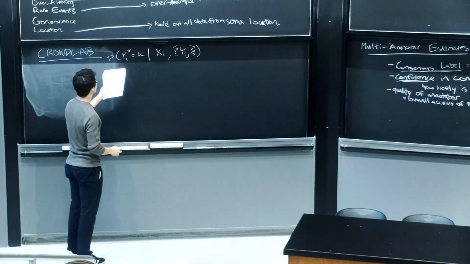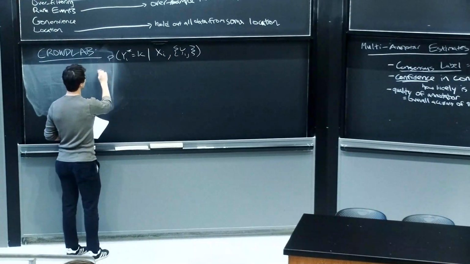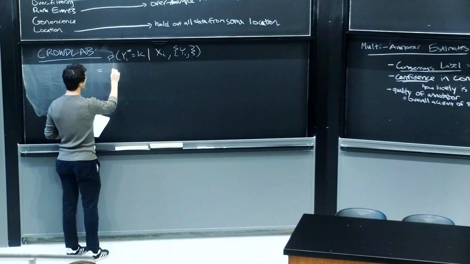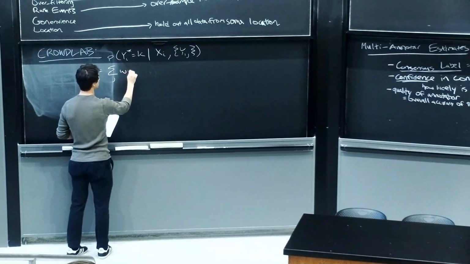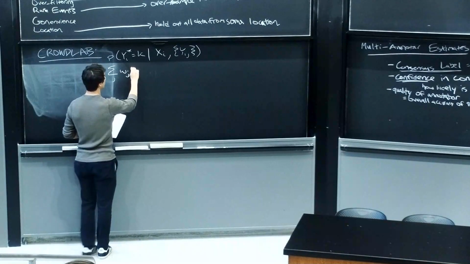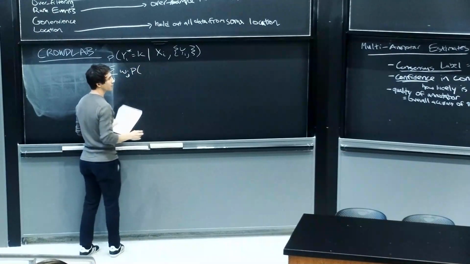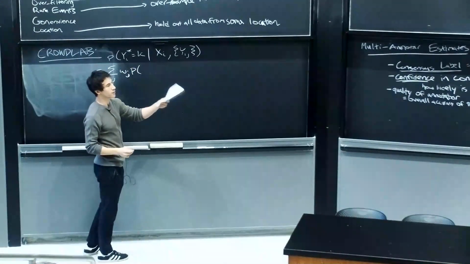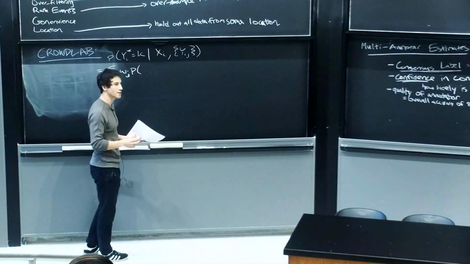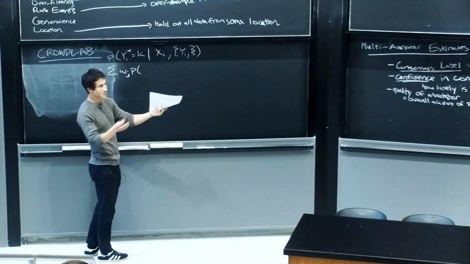The way we will form this probability distribution is as a weighted average of all our annotators. We will convert each annotator's label to a probability distribution, almost treating the annotator like a predictor, right? In some sense, that's what they are doing.